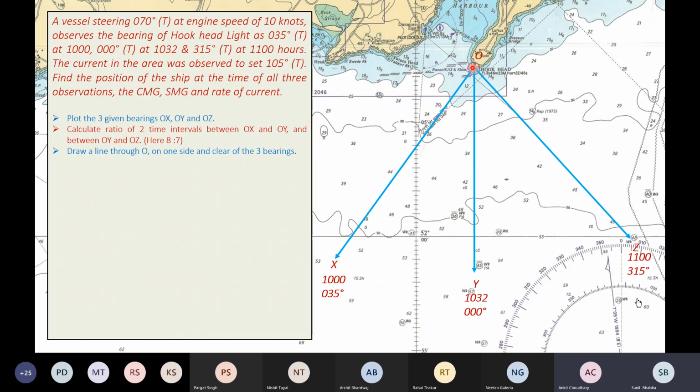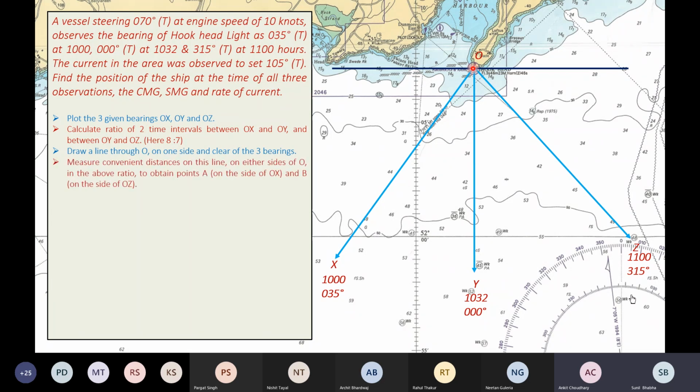So let's draw a line from point O. You can see a line is drawn from the Hook Head lighthouse, from point O, and it is drawn in such a way that all the three bearing lines are clear of this line, and all the three bearing lines lie on the same side of the line which we have drawn.